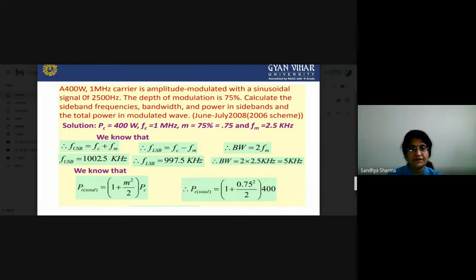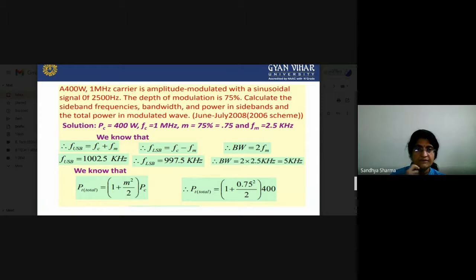The bandwidth is equal to 2 times Fm. By using the value of Fm, we can calculate the bandwidth, and by putting the values of Fc and Fm, we can calculate the upper sideband and lower sideband.